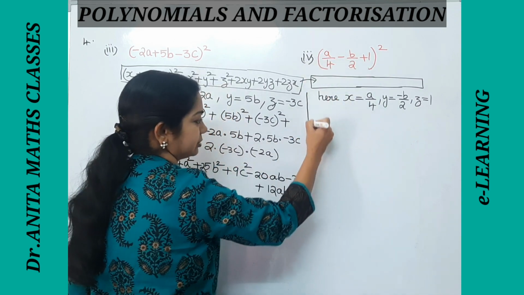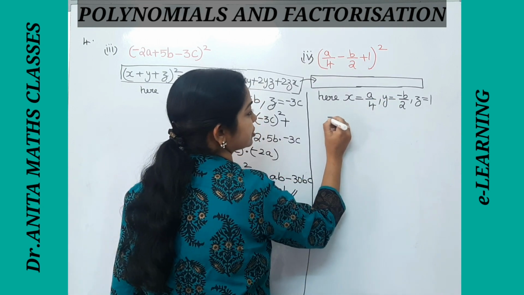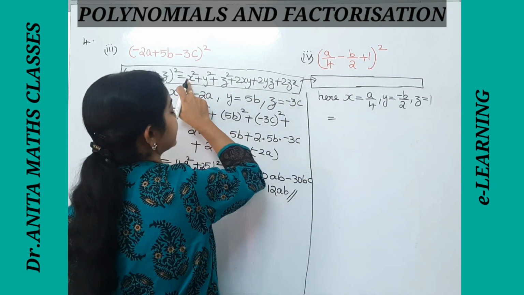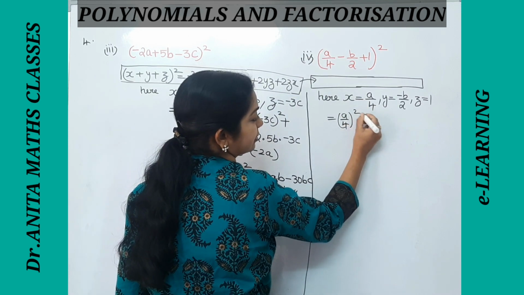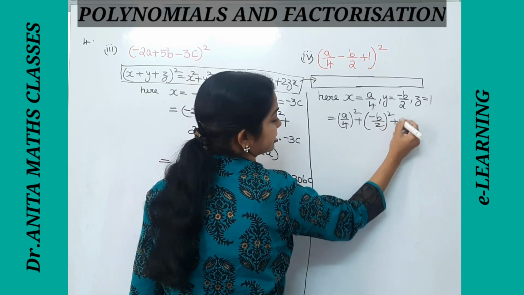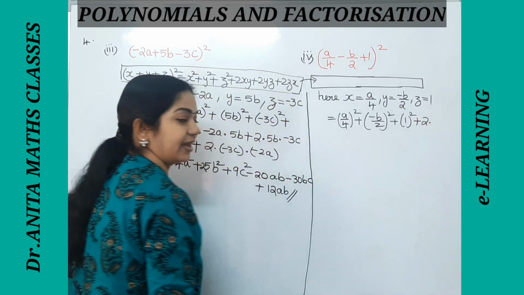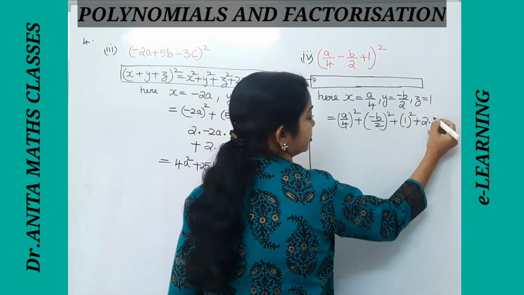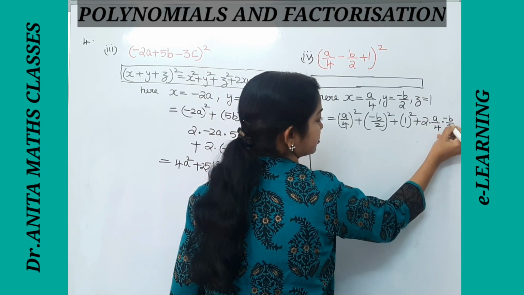If you substitute, let me do a partition here. x square is (a by 4) whole square, plus y square is (b by 2) whole square, plus z square is 1 square, plus 2 into x into y, so a by 4 into minus b by 2.